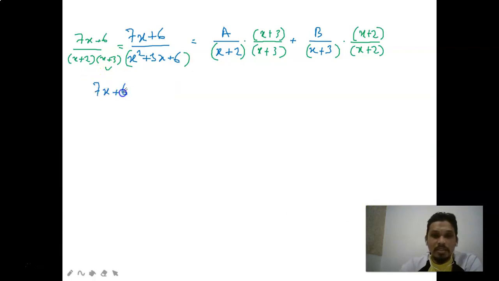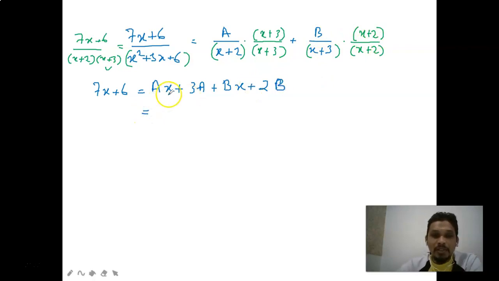7x plus 6 equal to A multiplied with x, Ax, A multiplied with 3, 3A, plus B times x, Bx, and B times 2, 2B.